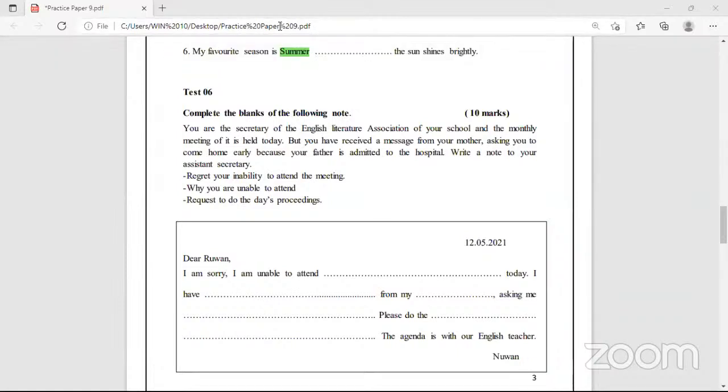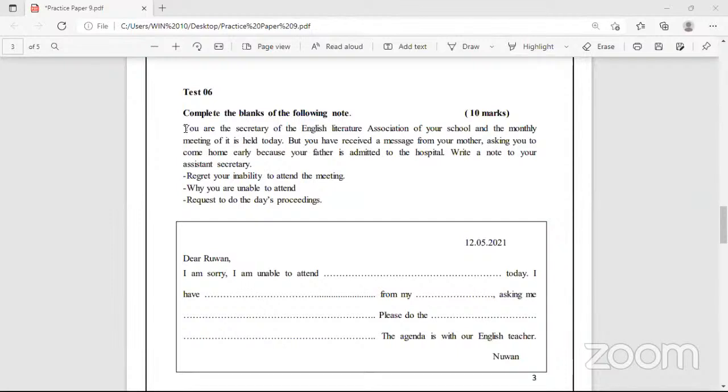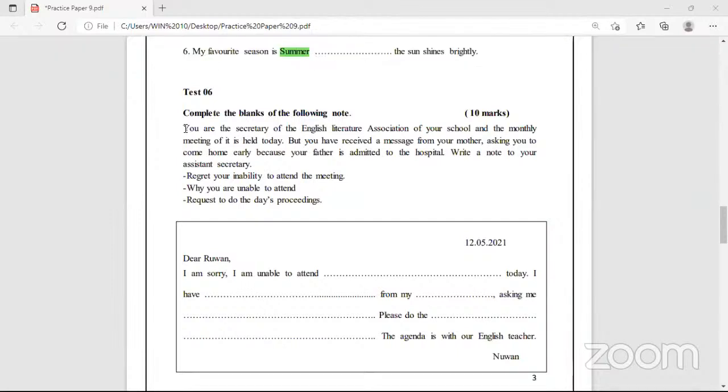Right, let's discuss the answers. Look at the question first. You are the secretary of the English Literature Association of your school. The monthly meeting of it is held today.